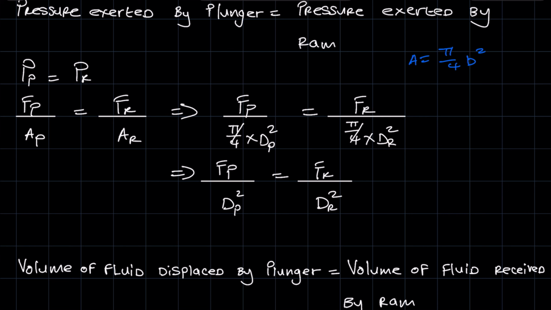Because we have pi over 4 on either side, mathematically those two are going to cancel, and essentially you are left with this. So Pascal's law can be expressed as: force on plunger divided by the diameter of the plunger squared is equal to the force on the ram divided by the diameter of the ram squared.